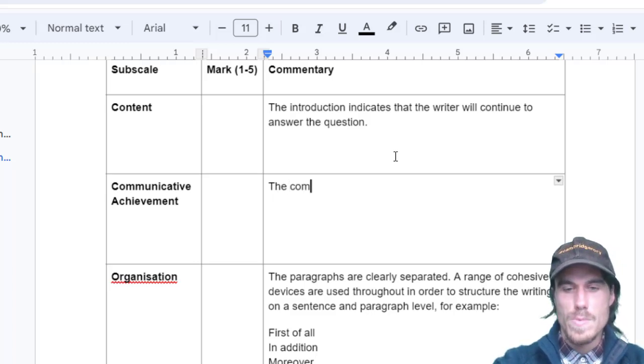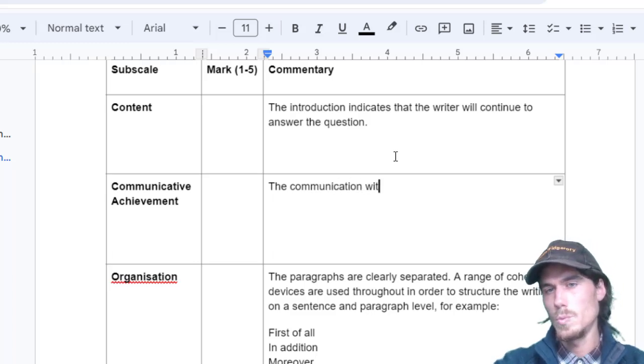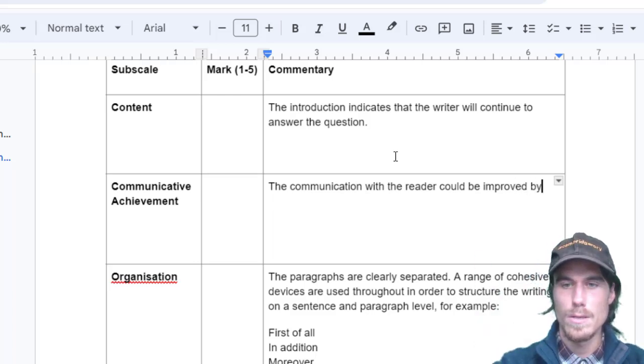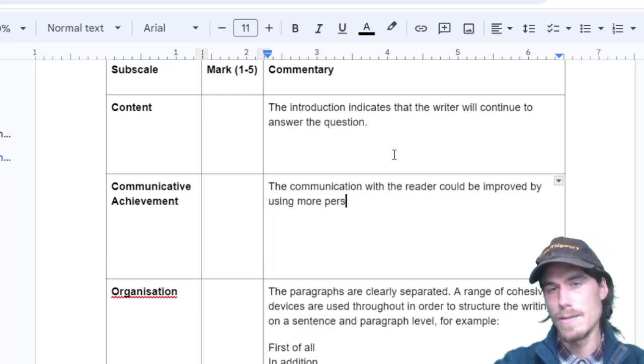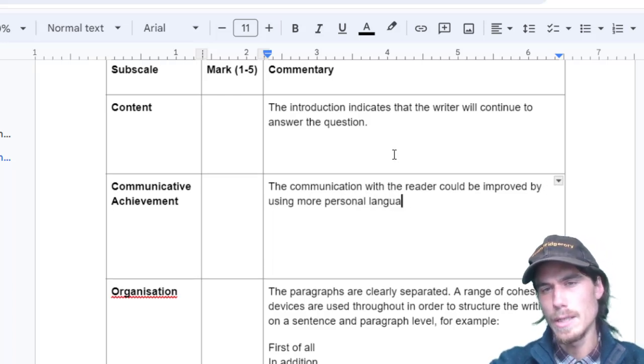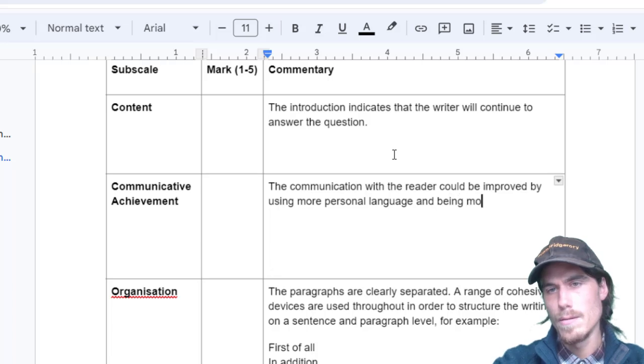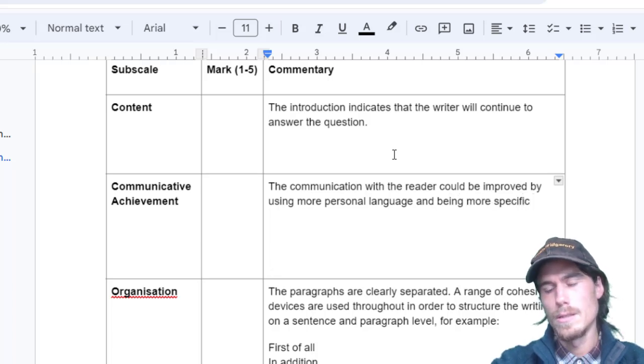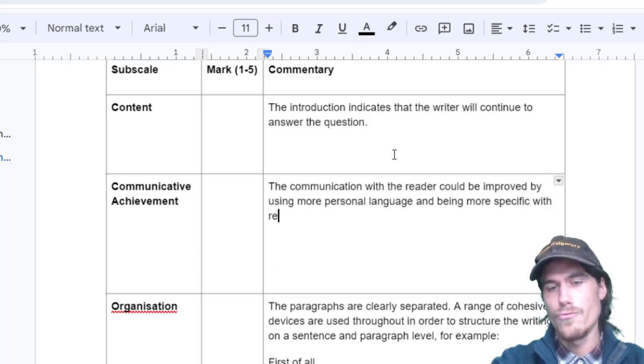The communication with the reader could be improved by using more personal language and being more specific with recommendations and suggestions.